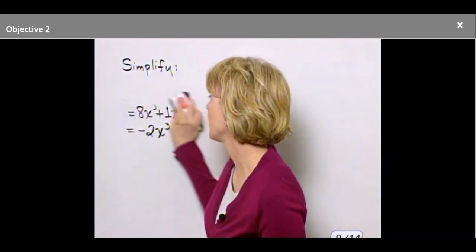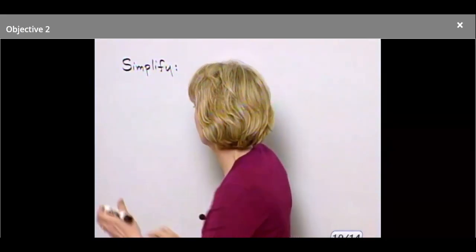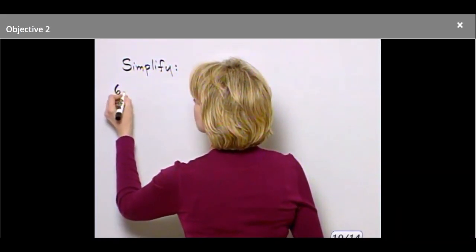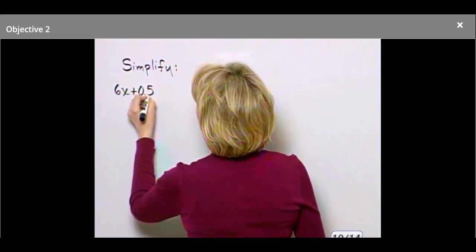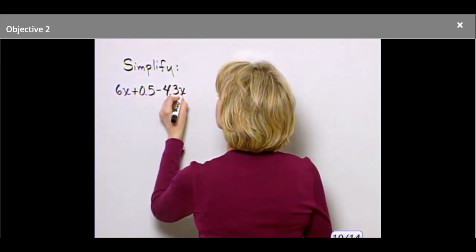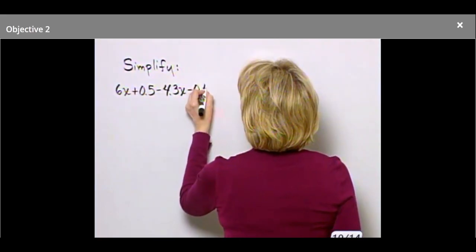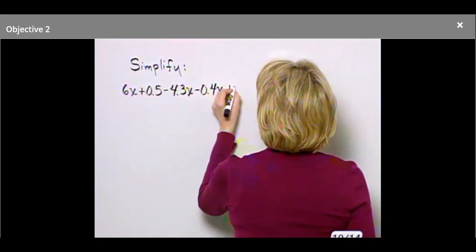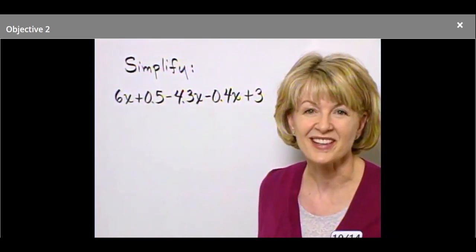We are simplifying by combining like terms. Let's suppose we have 6x plus 5/10 minus 4 3/10 x minus 4/10 x plus 3. Here we have an expression.